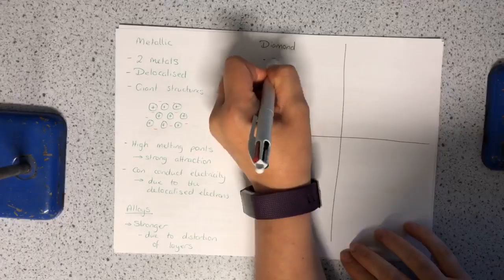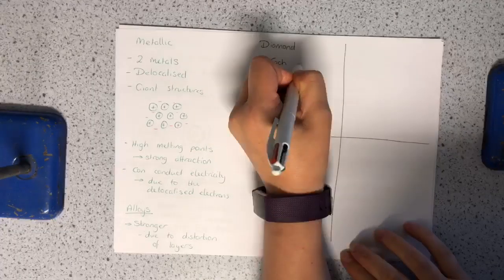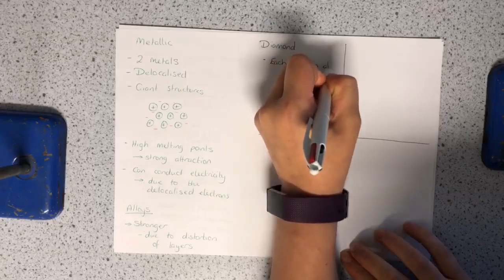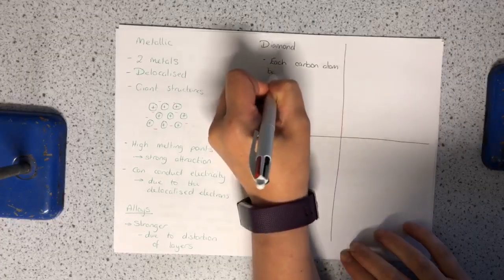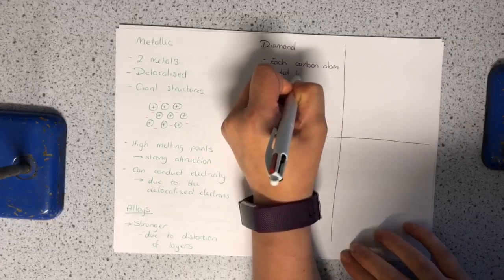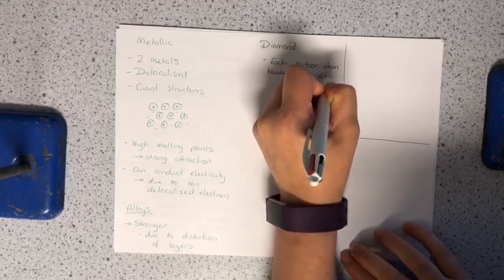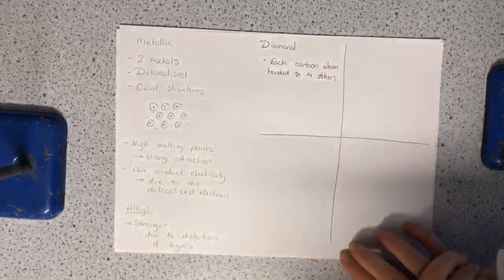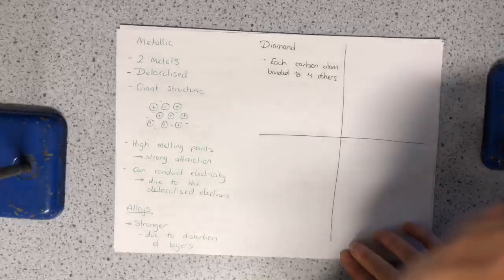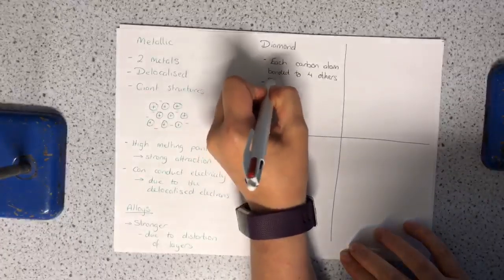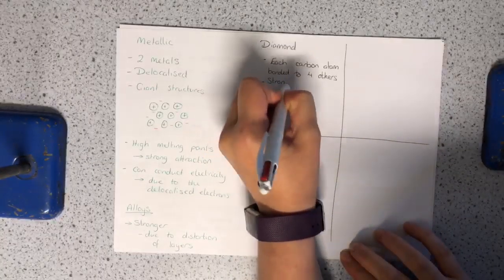Each carbon atom is bonded to 4 others. And this makes it very strong because there's many, many, many bonds.